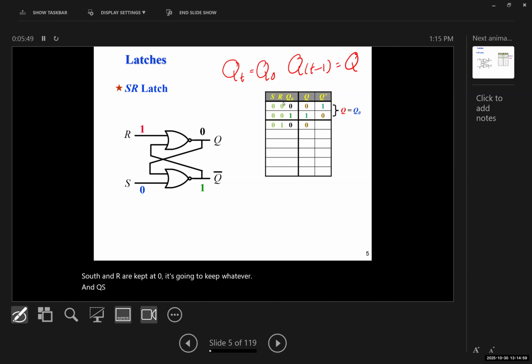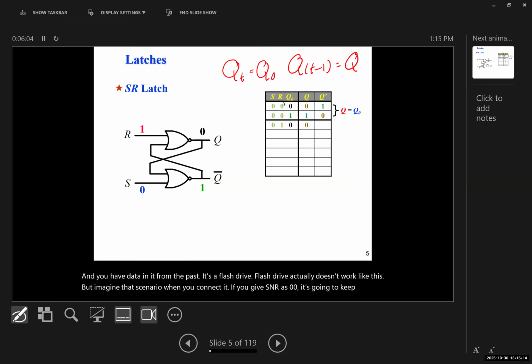Imagine this is a memory, and you have data in it from the past. It's like a flash drive. A flash drive actually doesn't work like this, but imagine that scenario. When you connect it, if you give S and R as 0, 0, it's going to keep whatever was there. As long as these two are 0, 0, it's going to keep the memory the same as the initial value.